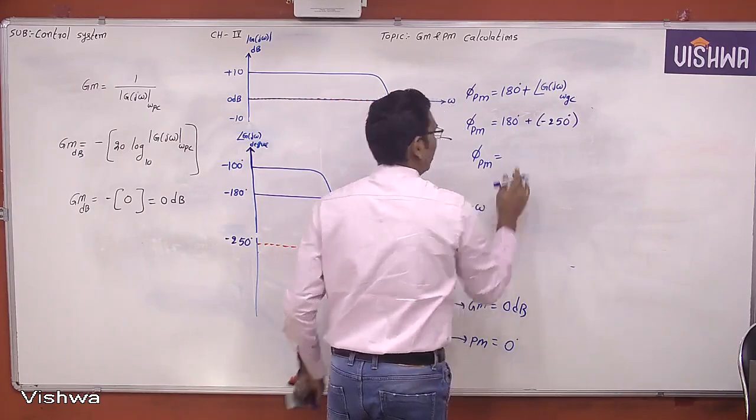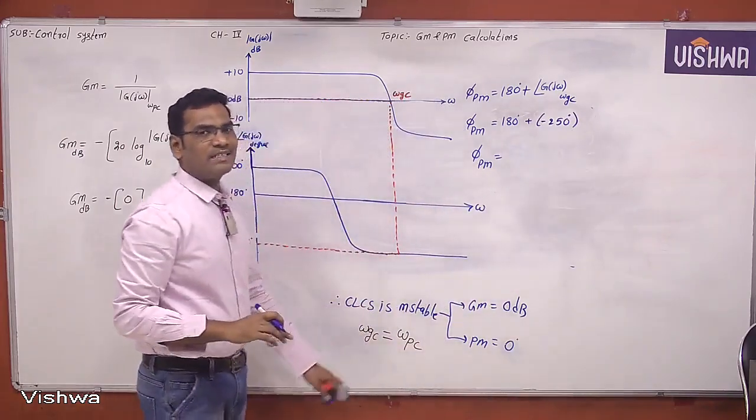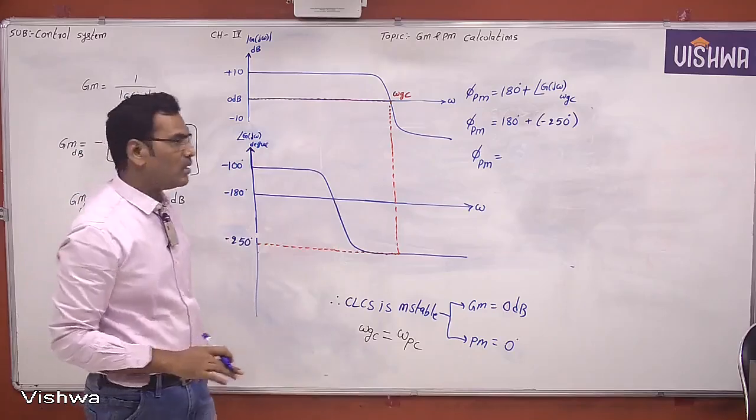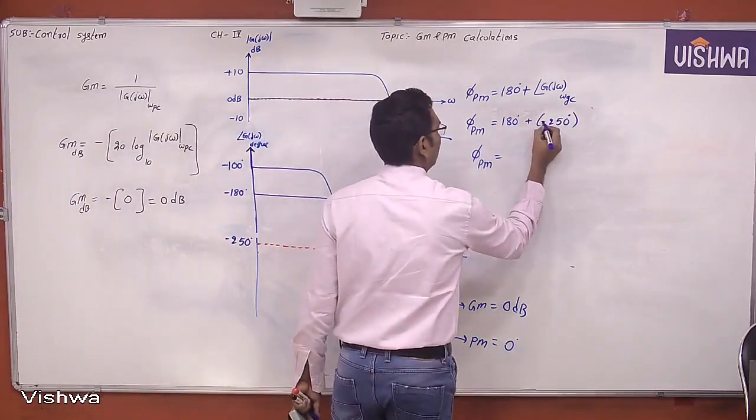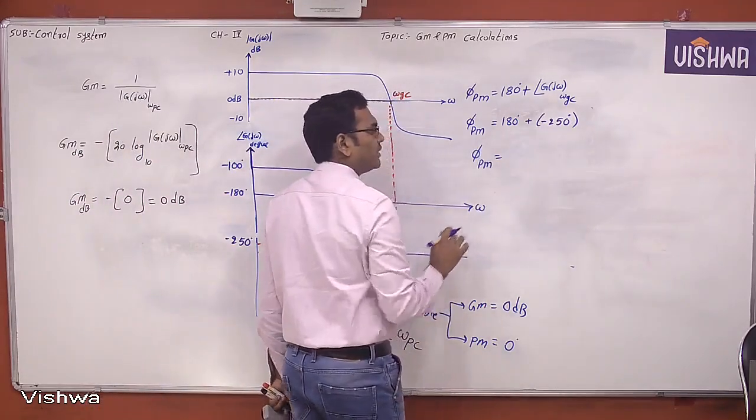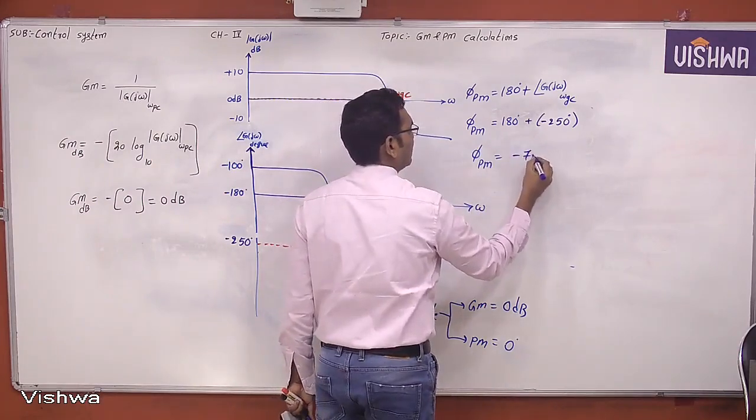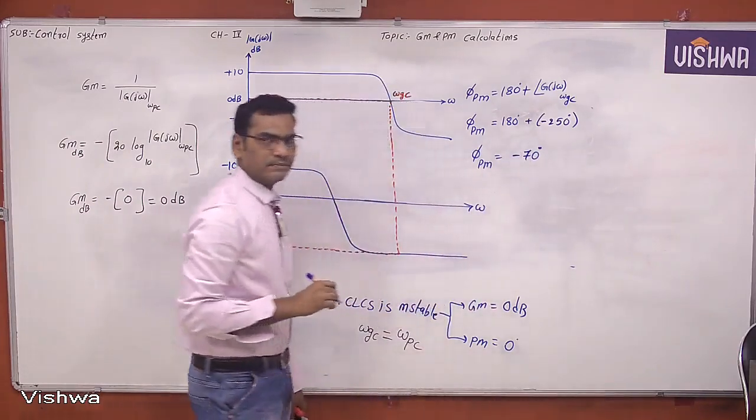Therefore, what is the phase margin? Now this is 180 degrees, and this is minus 250 degrees. Therefore, this is minus 70 degrees. Am I right or not?